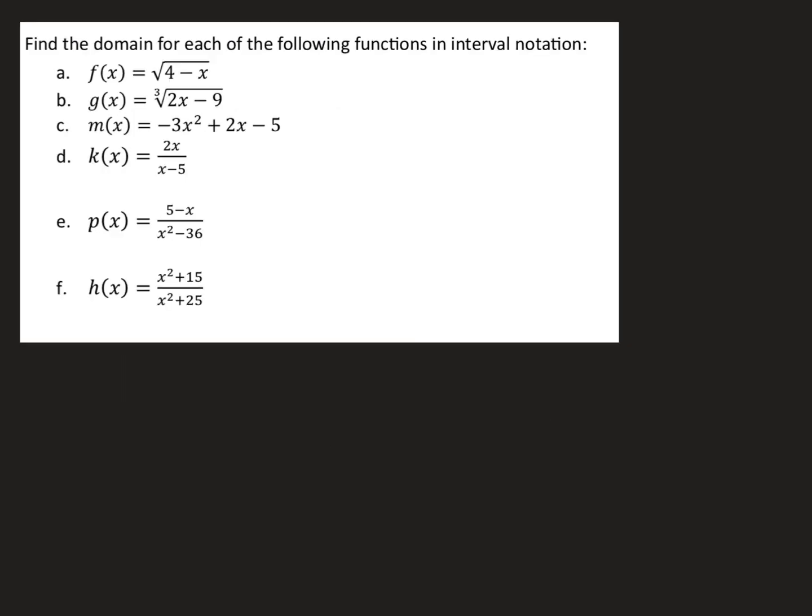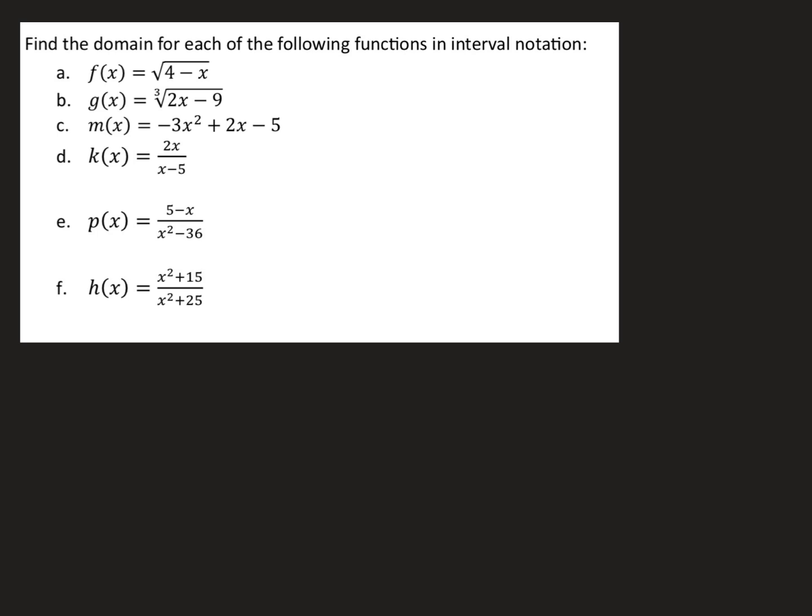On this slide, we will go over how to find the domain for each of the following functions in interval notation. There are a couple things that I teach here in that this early in a course, we only look at square root and rational functions that restrict domains.